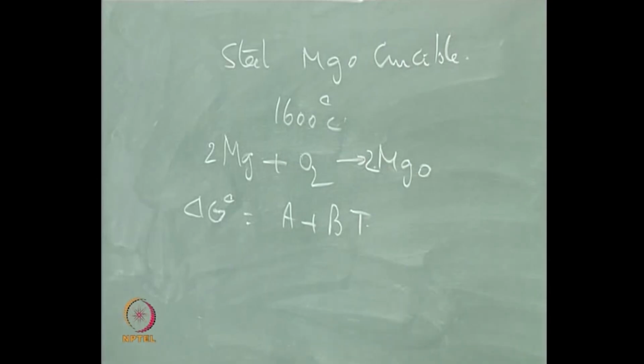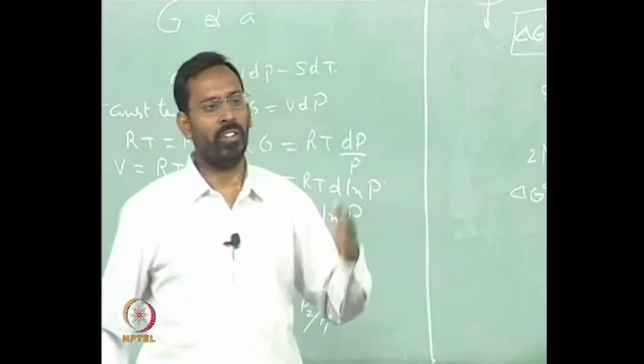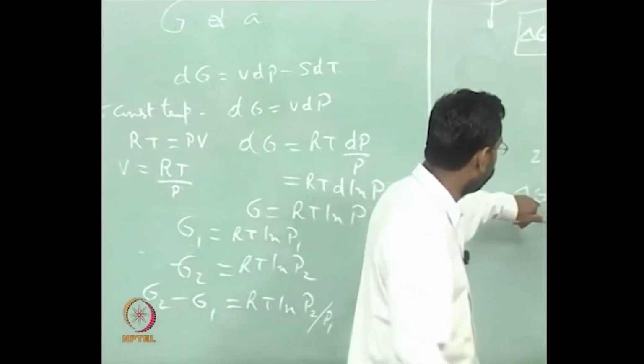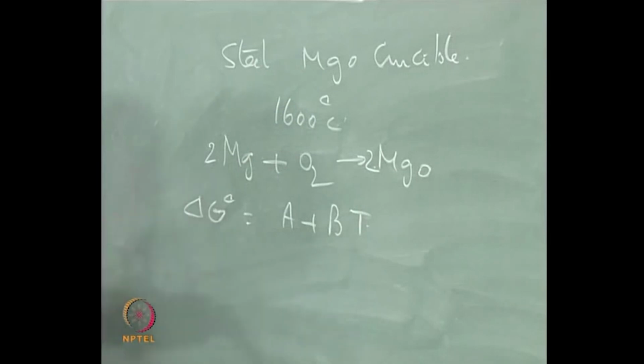Do this reaction at various temperatures, measure how the delta H is changing, and from that you can actually get this. In fact, people have done this for various reactions, and these standard values are available.